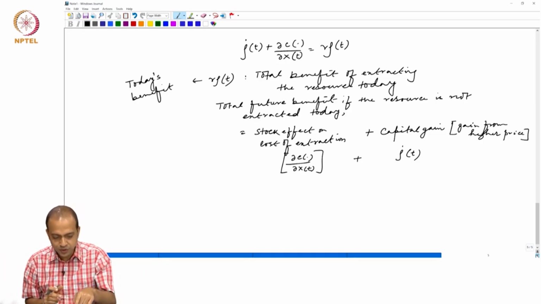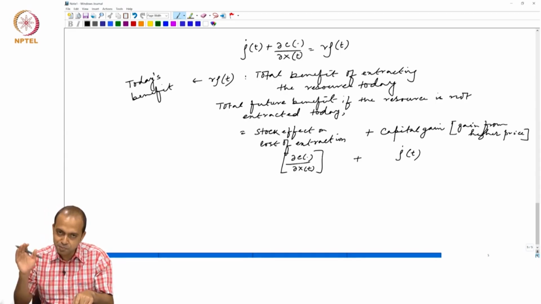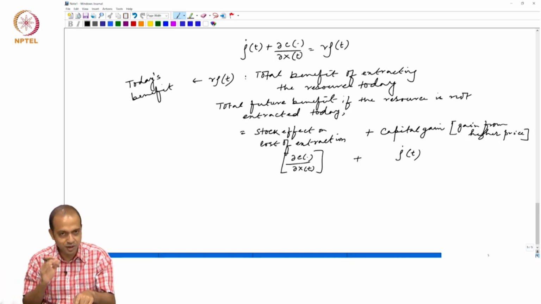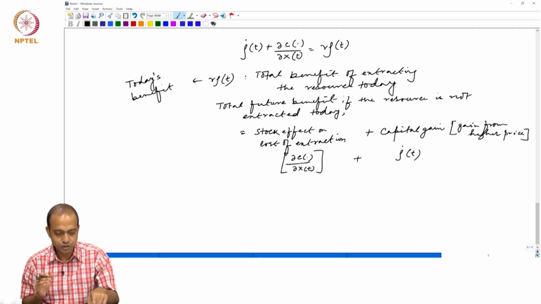Today's benefit is r into rho_t, because I will extract the resource, get rho_t amount of money, keep it in the bank, and the bank will give me interest at r.